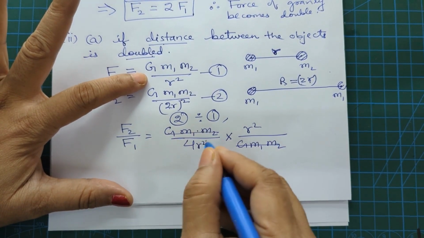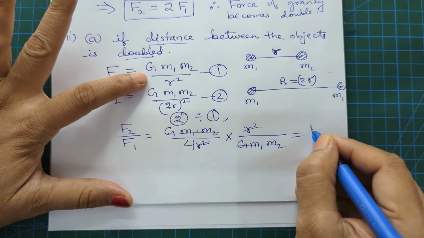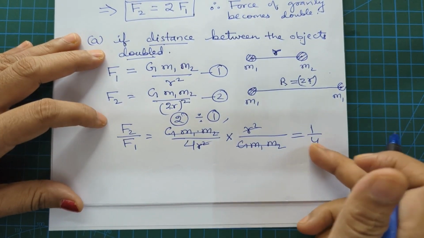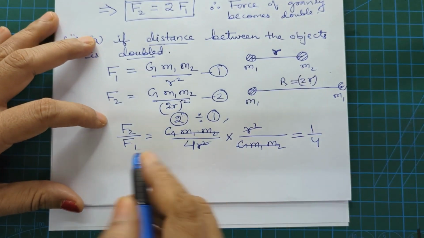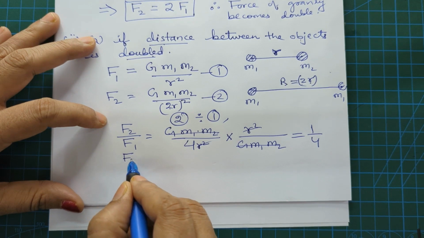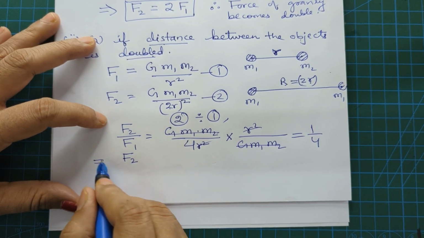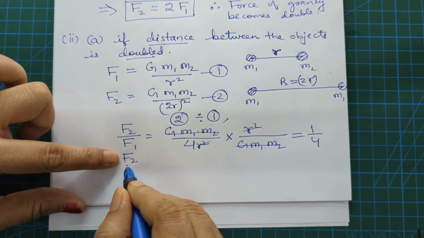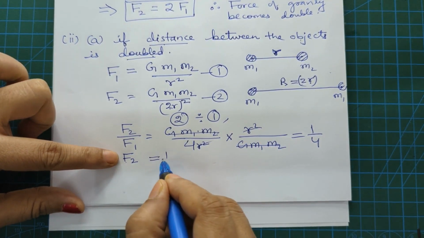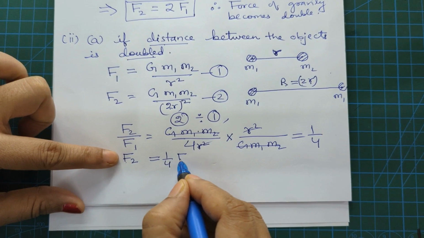Just cancel whatever things are getting cancelled, and it is 1/4. Now F2 by F1 is 1 by 4. Just go for a simple cross multiplication. We have to tell F2, the new force, in terms of the initial force. So 1/4 stays on the right side, and only F1 comes to the other side.